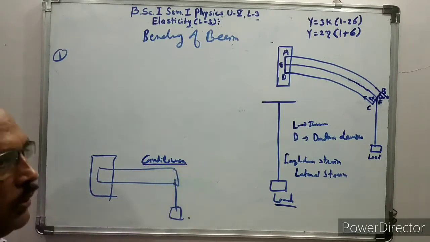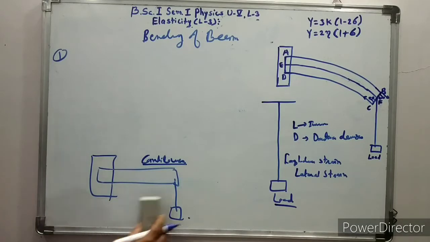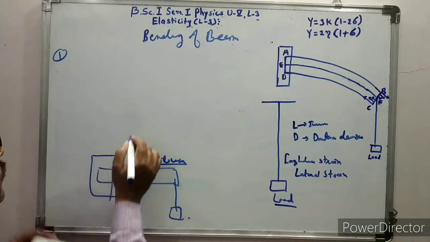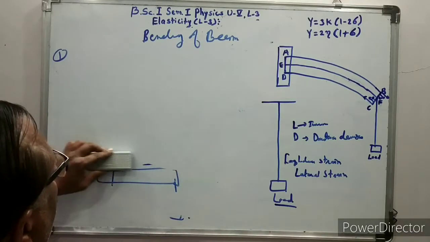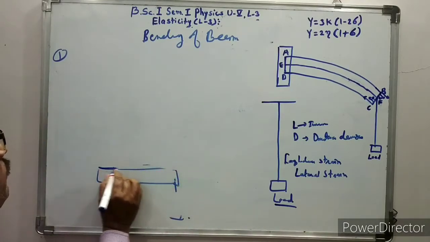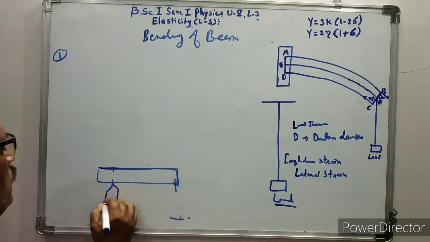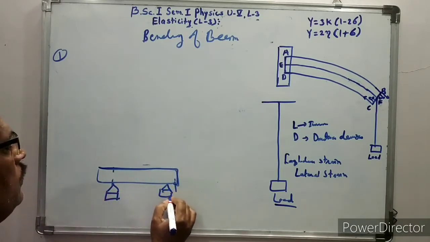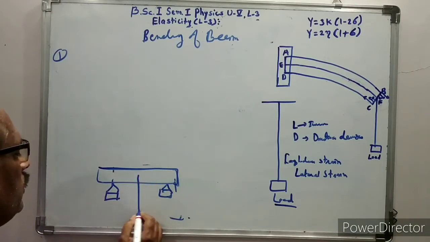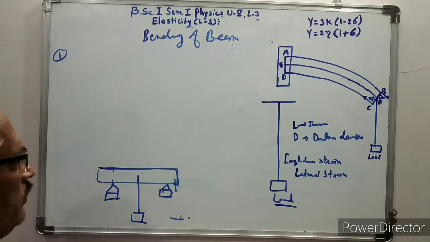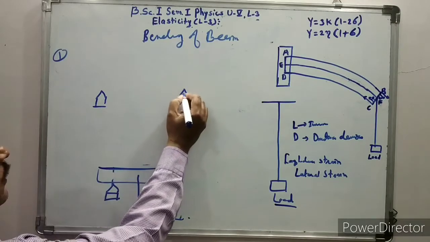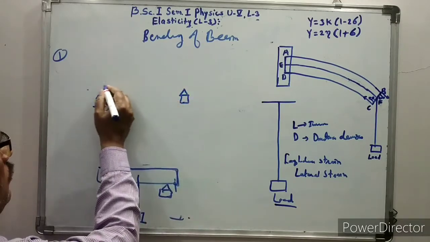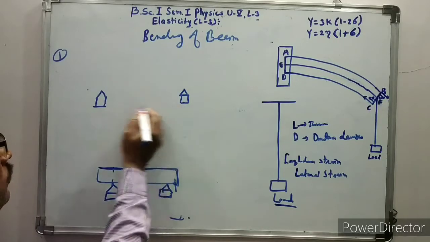It is called a cantilever. Another way of bending is when the beam is supported at two ends and loaded at the middle or at the center. Suppose this is a beam which is fixed at two ends and loaded at the center. By applying load at the center, its bending will take place like this, because these are the two knife edges.